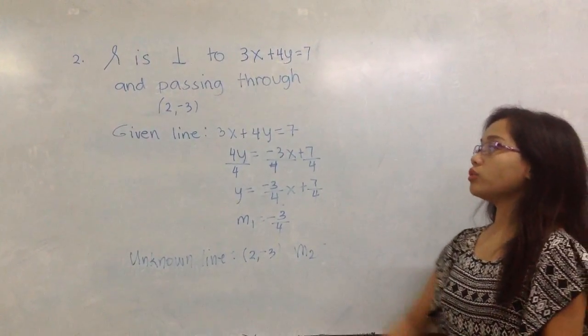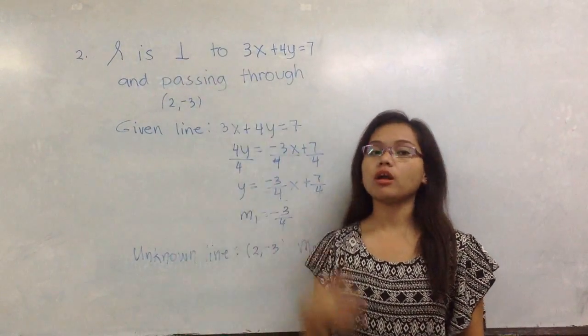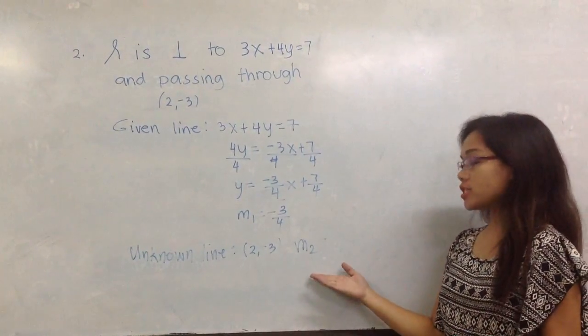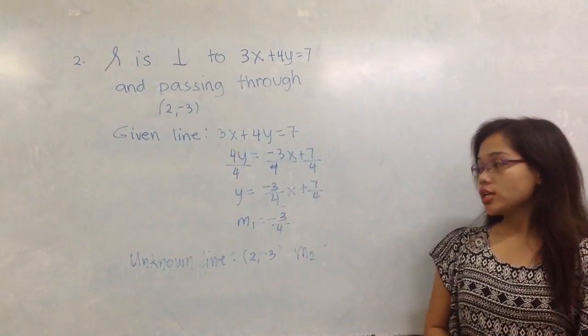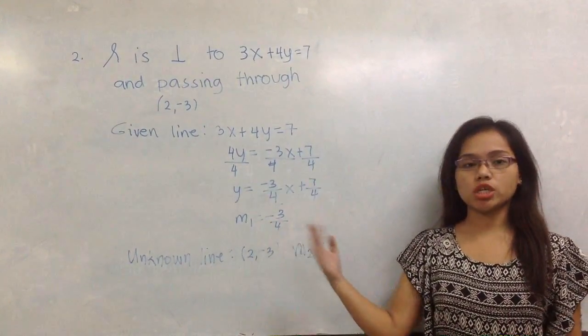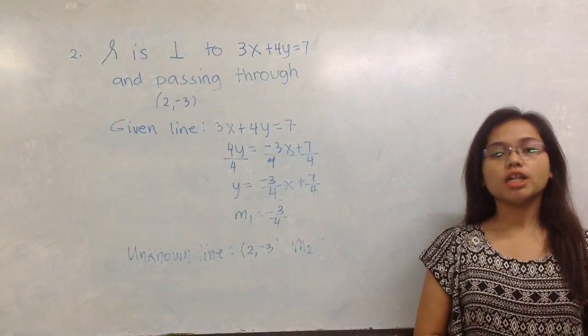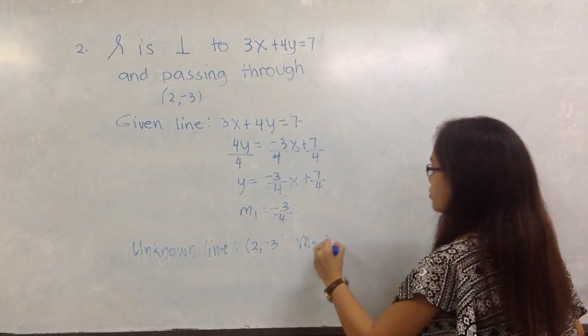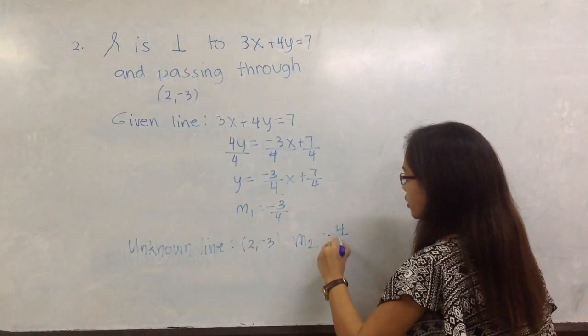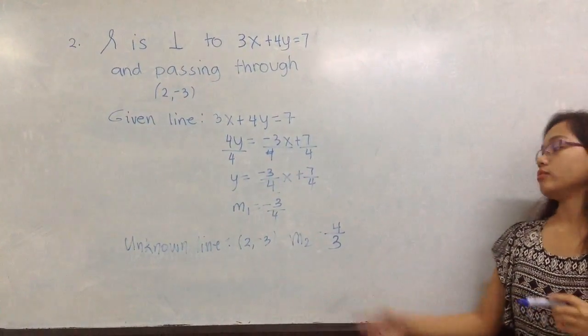And since the condition is that the line is perpendicular, therefore the slope of this is the negative reciprocal of the first equation. Since the slope of the first equation is negative 3/4, the negative reciprocal of negative 3/4 is 4/3. So therefore this is the slope of the second line.